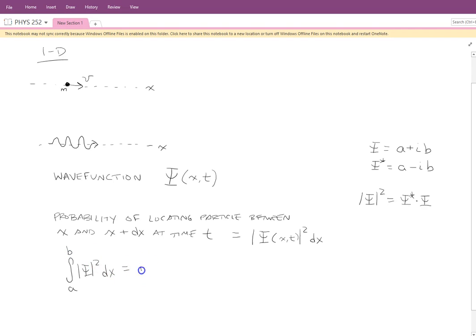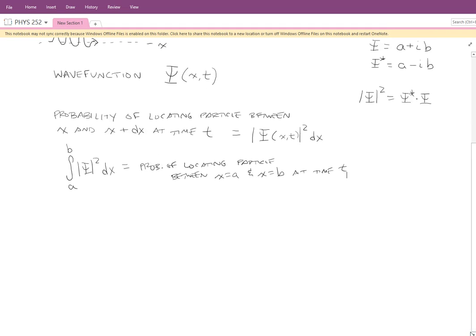This is going to be the probability of locating the particle between x equals a and x equals b at time t. Okay? So that's what we mean by this probability density function or distribution. It's a continuous distribution. Okay?